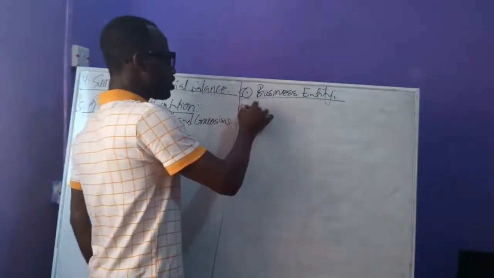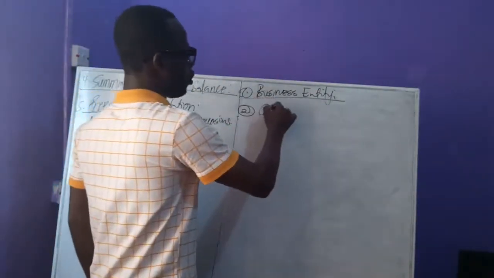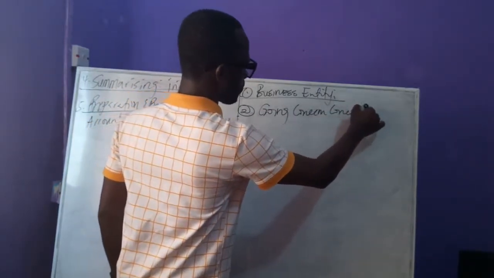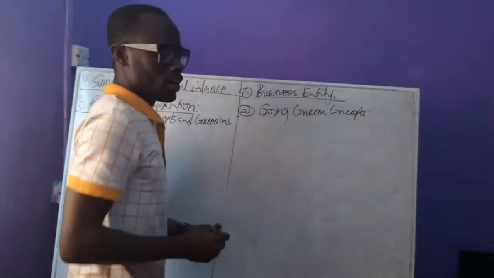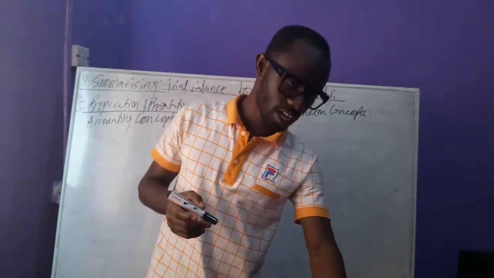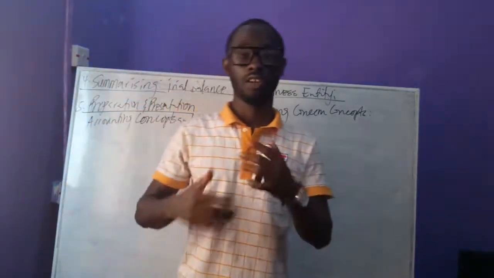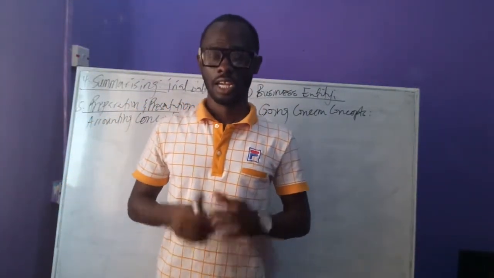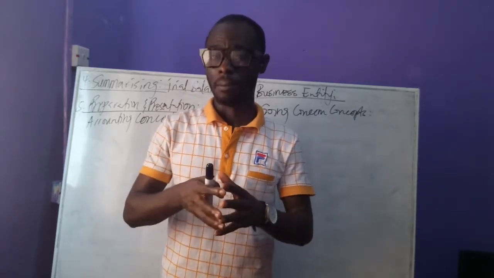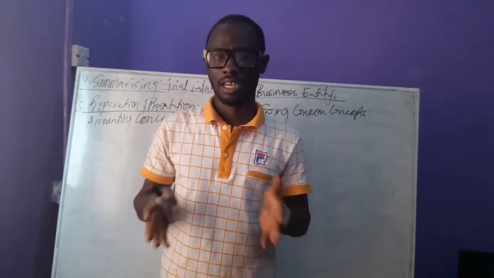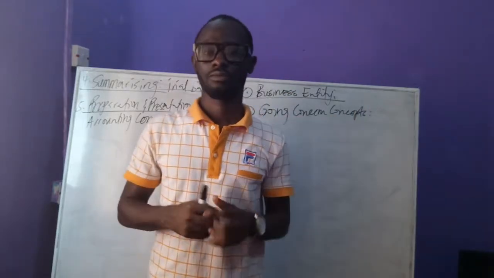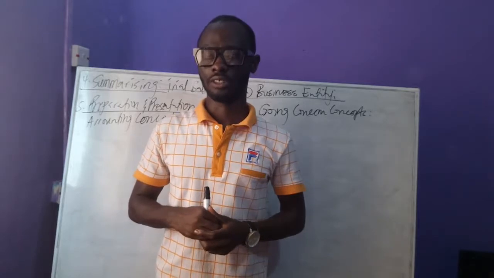The second accounting concept we can talk about is the going concern concept. The going concern concept states that a business must be seen as one that is operating into the foreseeable future. That is, transactions and account balances at the year end should not be closed, but rather should be carried forward into the following accounting year.